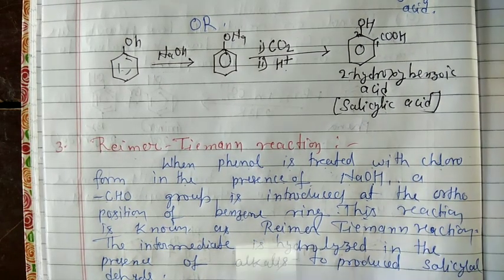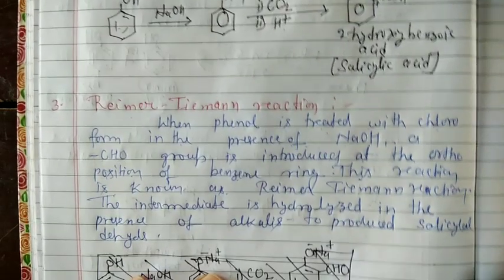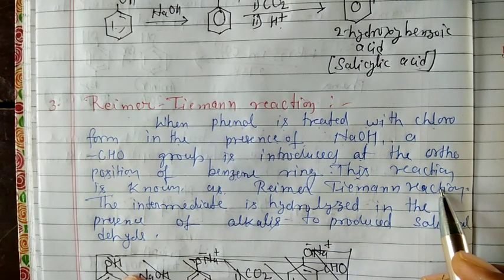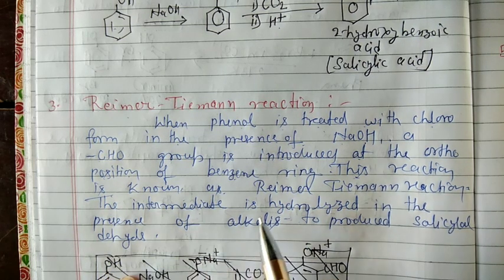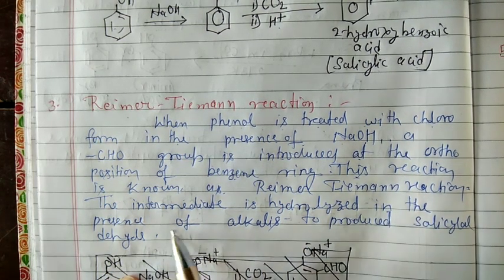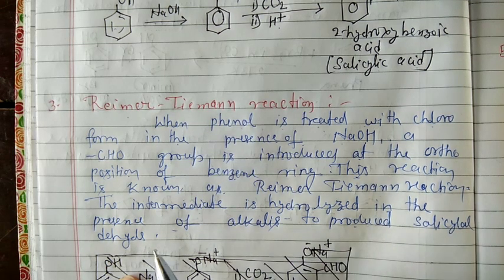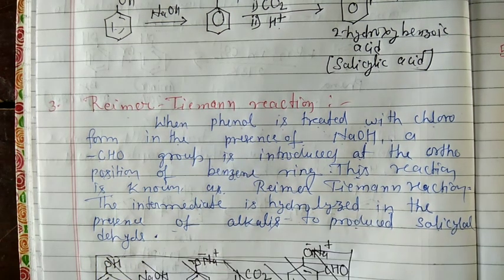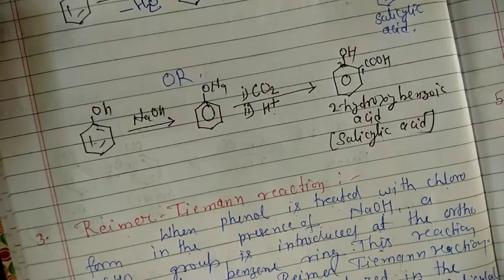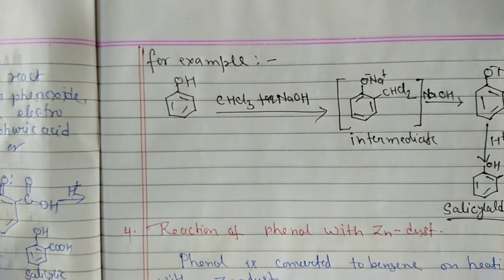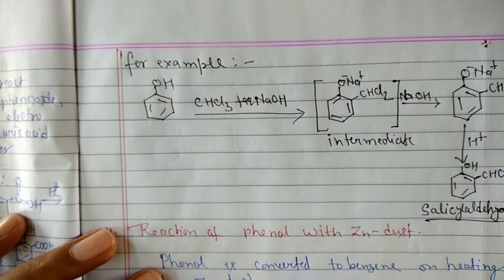This reaction is known as the Reimer-Tiemann reaction, and the intermediate is hydrolyzed in the presence of alkali to produce salicylaldehyde.